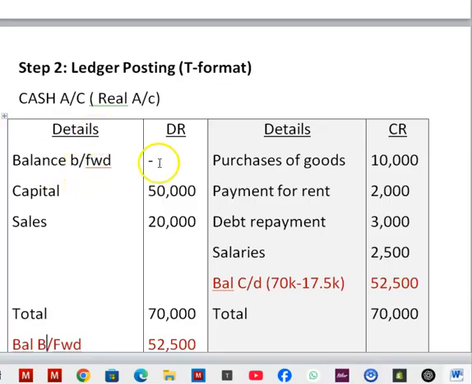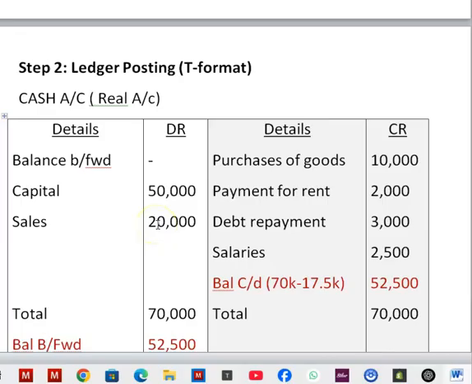That's why we're bringing every transaction to the debit, and then all the transactions that go out of cash are credited. Now, the first transaction was the fact that 50,000 naira capital was introduced. So this is the cash account receiving the 50,000 naira, in the form of capital.